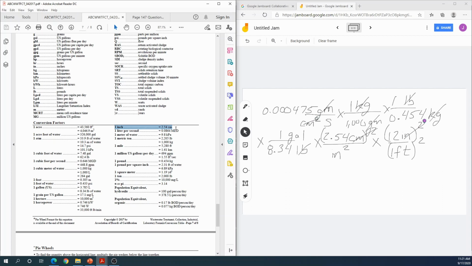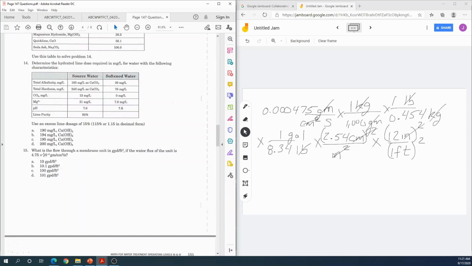Inches squared are going to cancel inches squared. So now our last unit we have to worry about is our seconds. We're trying to find our answer in gallons per day per square foot. So now we've got to get from seconds into days. So I'm going to continue this on down here.